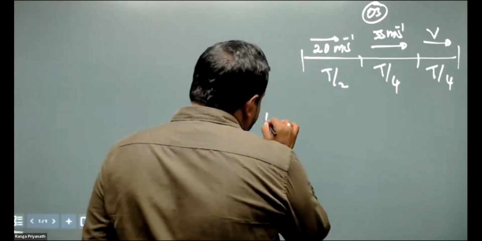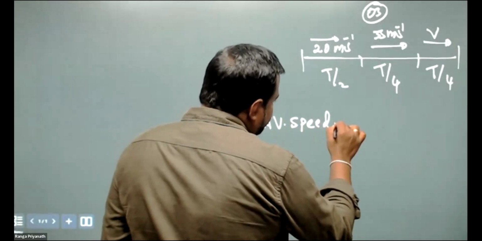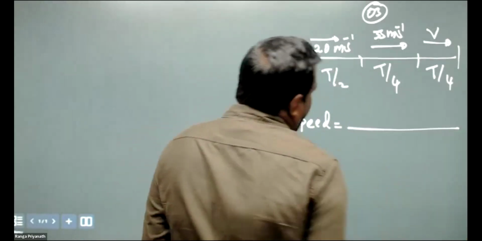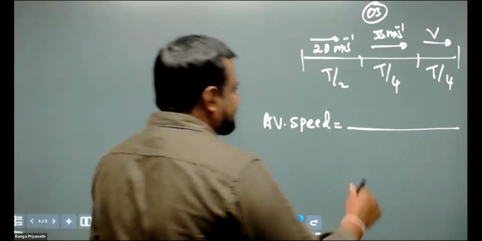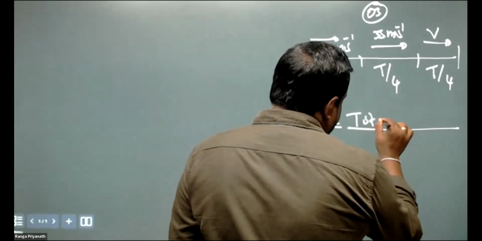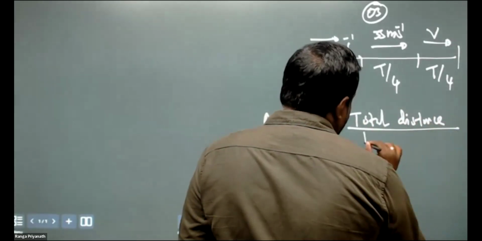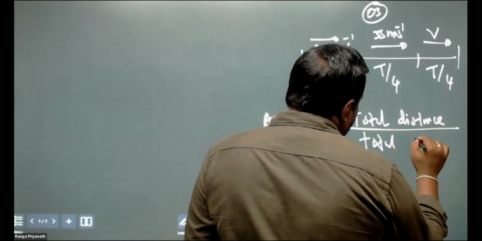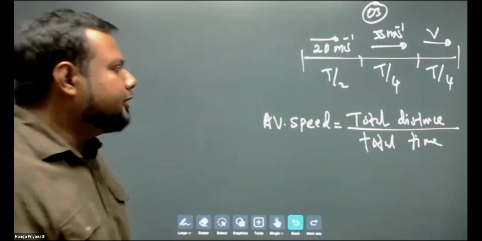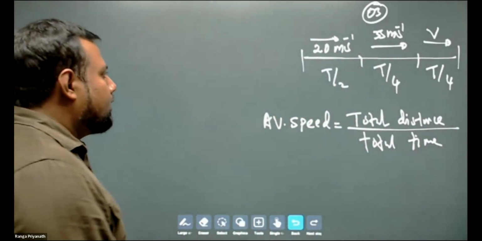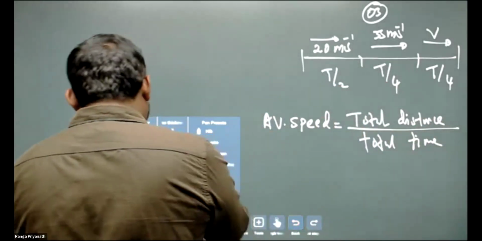The average speed means what? What do you mean by average speed? Total distance over total time, isn't it? That is what we call average speed. Total time is capital T, but we don't know what the distance is here.